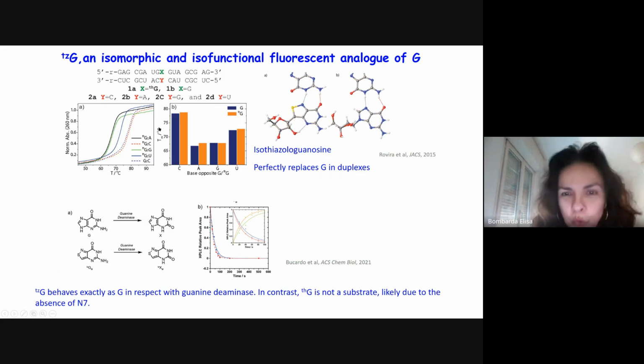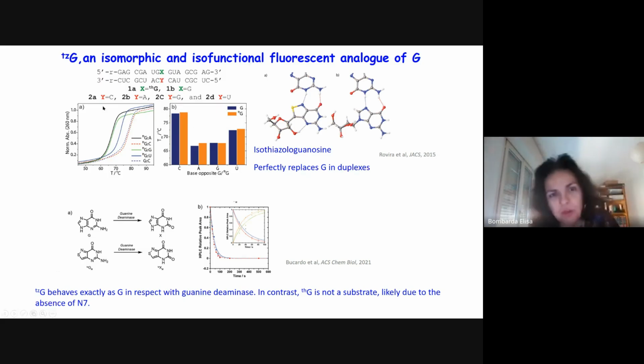With respect to replacing in a duplex, TAG and TCG are both very good, which justifies the mistake in the figure that I chose here. Sorry. The information is anyway the same. But as I insist, TCG in addition also has this isofunctionality.